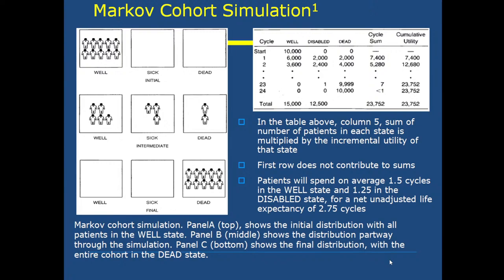First row does not contribute to sums. Patients will spend on average 1.5 cycles in the well state and 1.25 in the disabled state, for a net unadjusted life expectancy of 2.75 cycles.